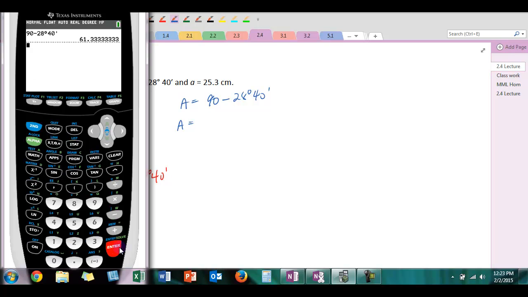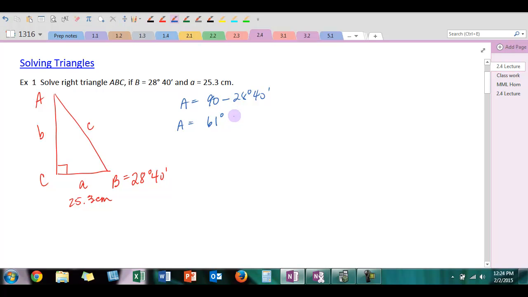Hit enter, and it returns for me the decimal value. Since I'm given an angle measurement in degrees and minutes, I want to return it in degrees and minutes. So I go back to second apps, choose option 4 to convert it for me, and I'm told that it's 61 degrees 20 minutes. So I know what this angle is now.